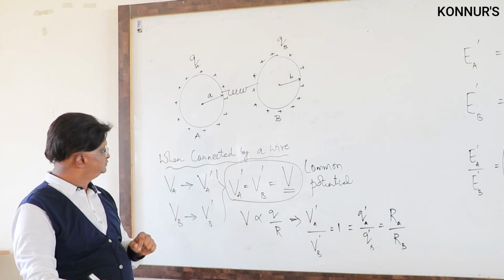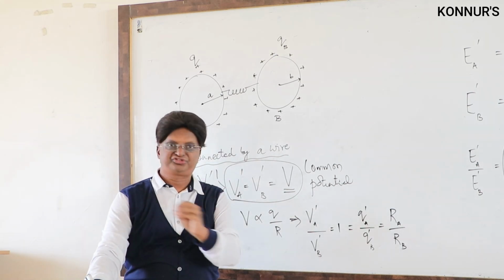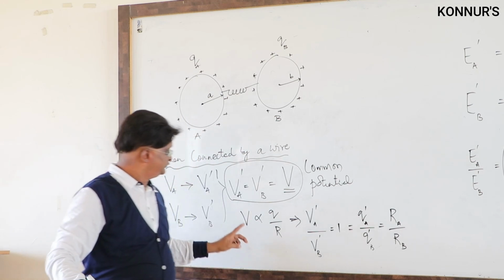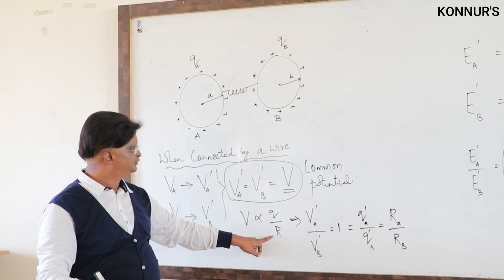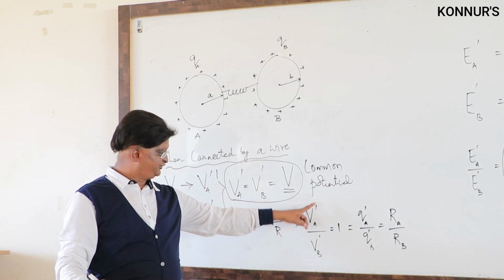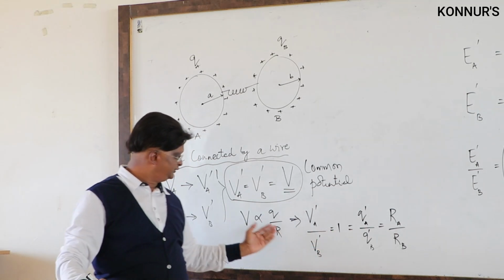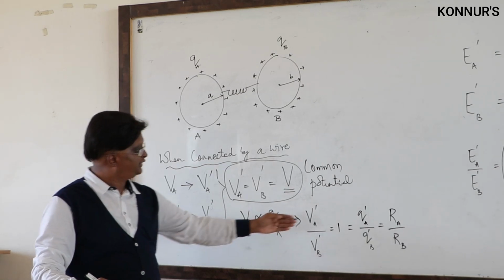Now you remember the expression for potential due to a shell, taken on the surface: V is equal to 1 by 4 pi epsilon naught, Q by R. So V is proportional to Q by R. Since VA dash by VB dash is equal to 1, use V proportional to Q by R. What do you get?